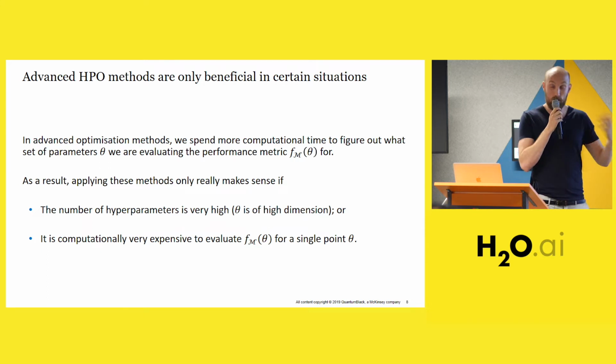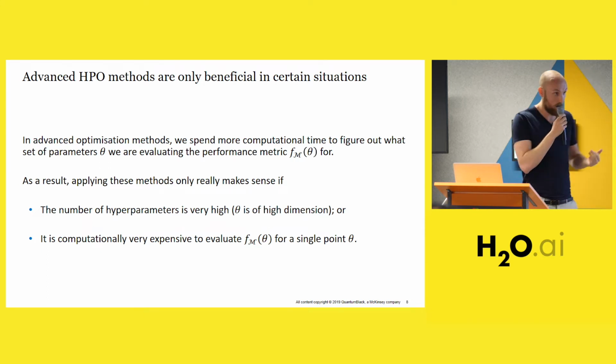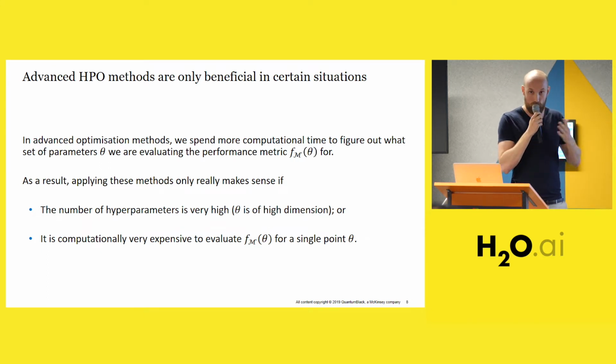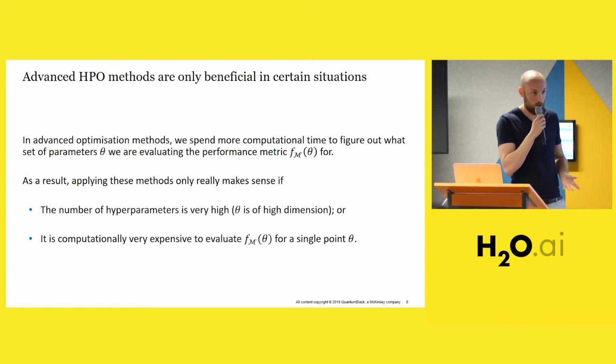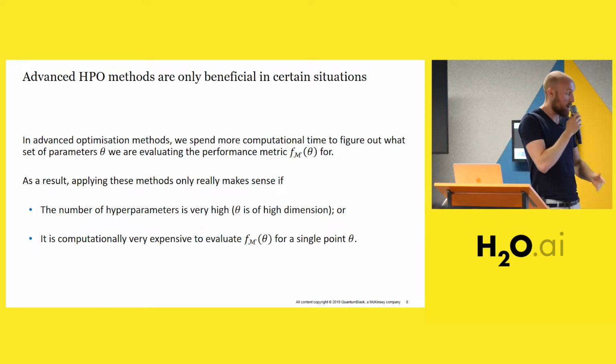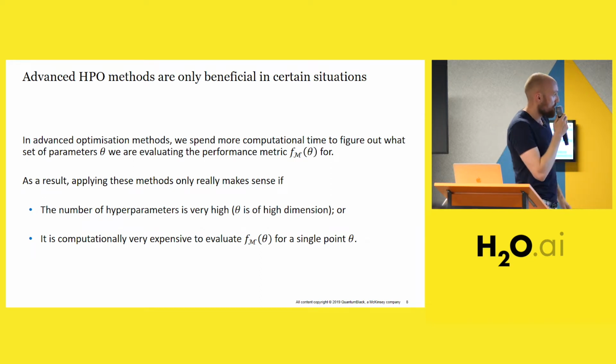Where this can really start to pay off is when your parameter space is very, very high dimensional, and a classical use case here would be some neural network approach, where you're looking at tens of hyperparameters.